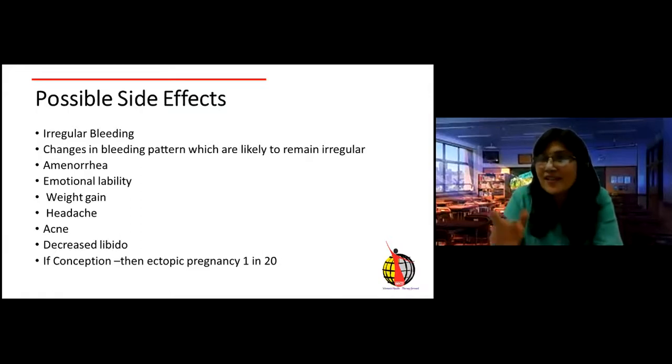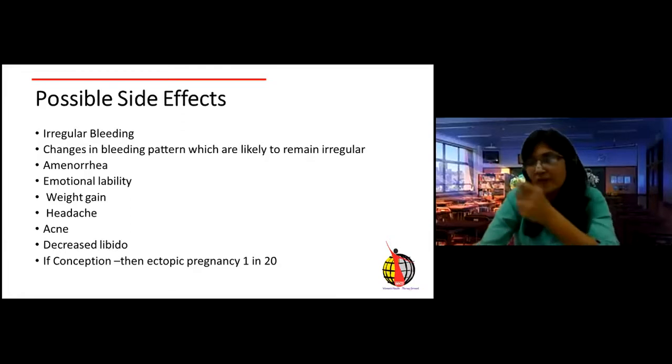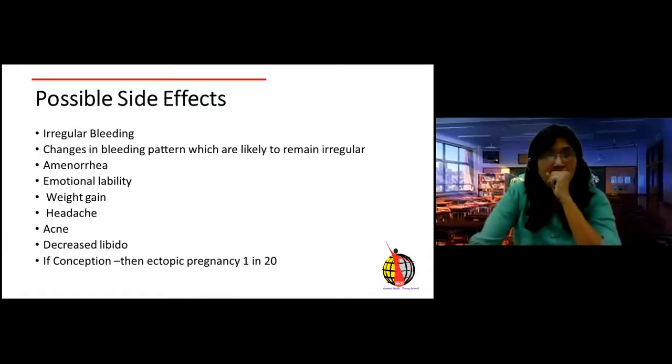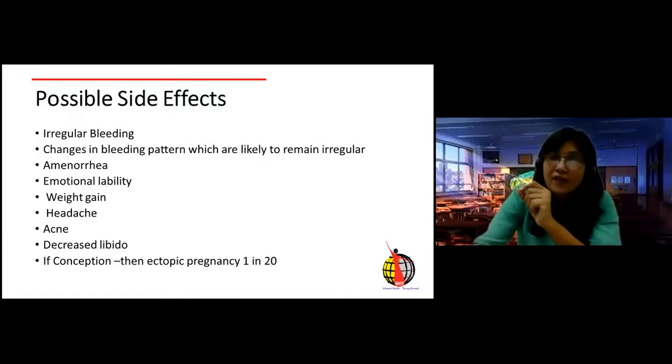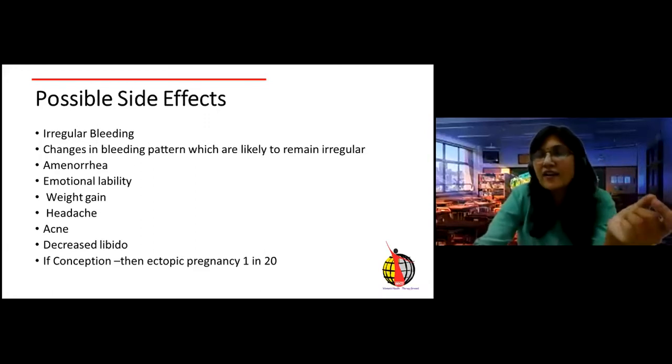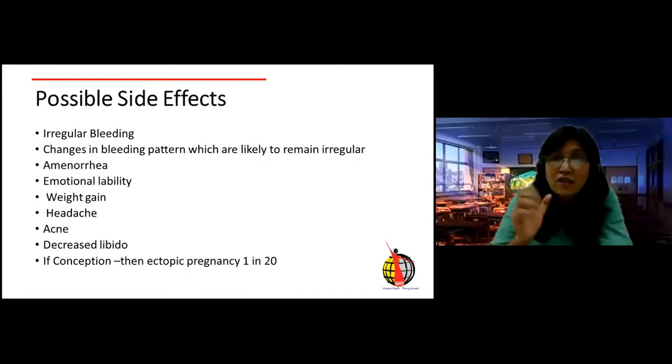Uterine pregnancy is less. So the pregnancy rates are low, but if there is a pregnancy, then chances of ectopics are as high as 1 in 20. So if an LARC pregnancy, then you should always search for an ectopic pregnancy.